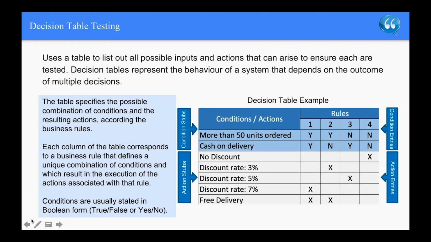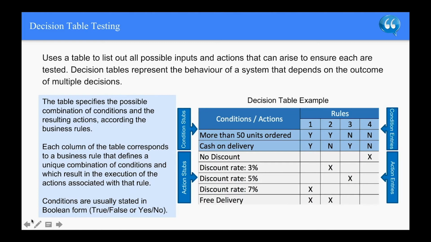Decision tables. Decision tables represent the behavior of a system that depends on the outcome of multiple decisions. They may be used to record complex business rules that a system is to implement. The table specifies the possible combinations of conditions and the resulting actions according to the business rules.